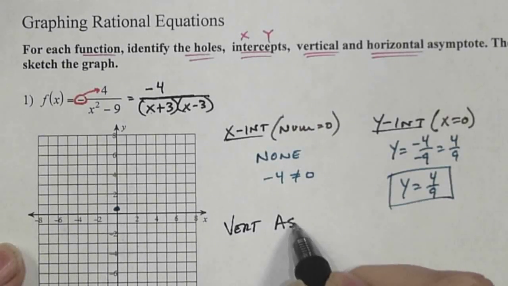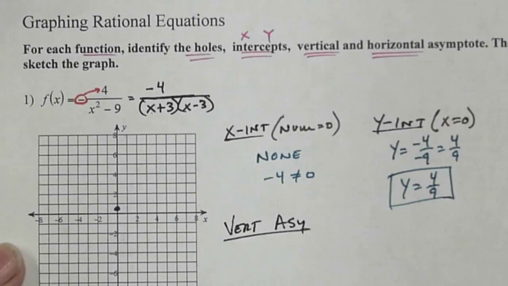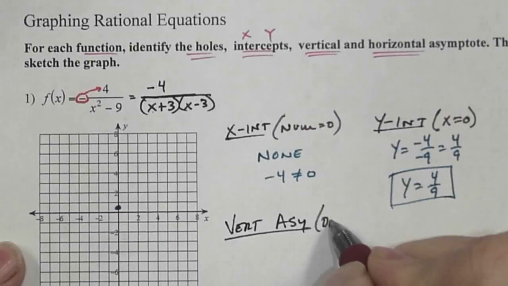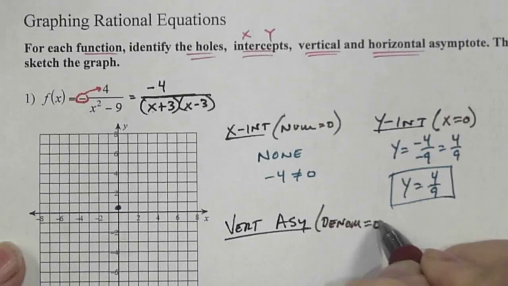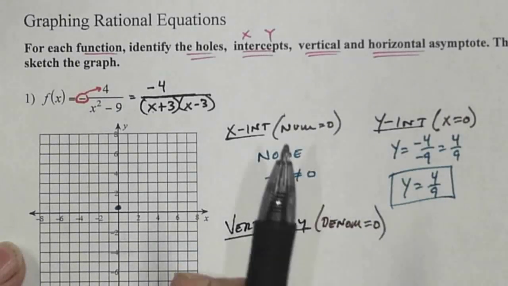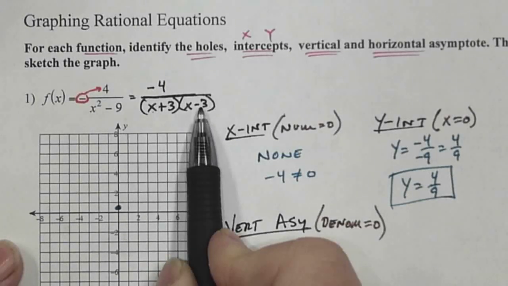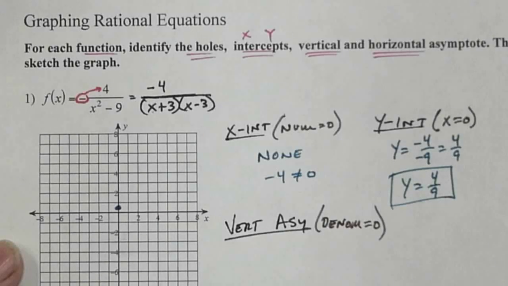Vertical asymptotes. That is when the denominator equals 0. Well, right here, this will be 0 at negative 3, and this will be 0 at positive 3. X equals negative 3, x equals positive 3.